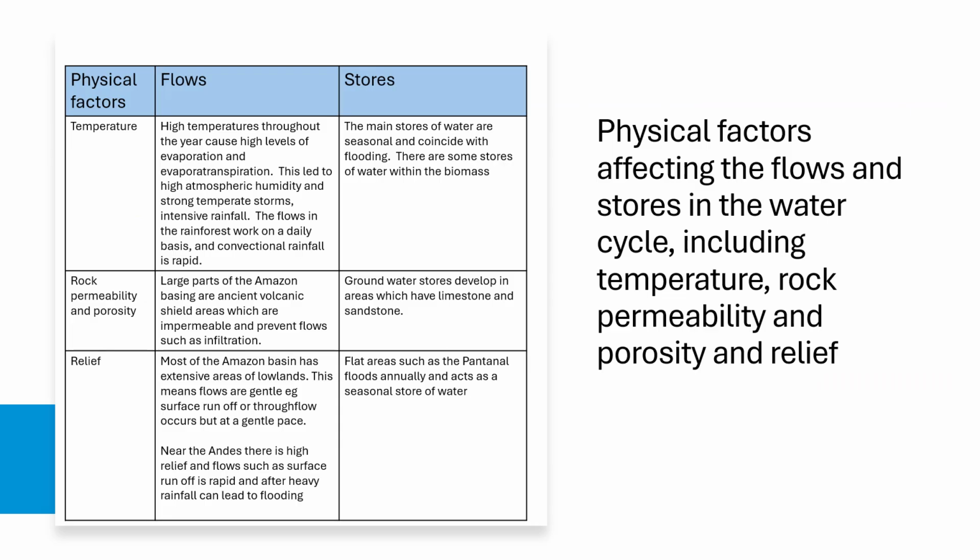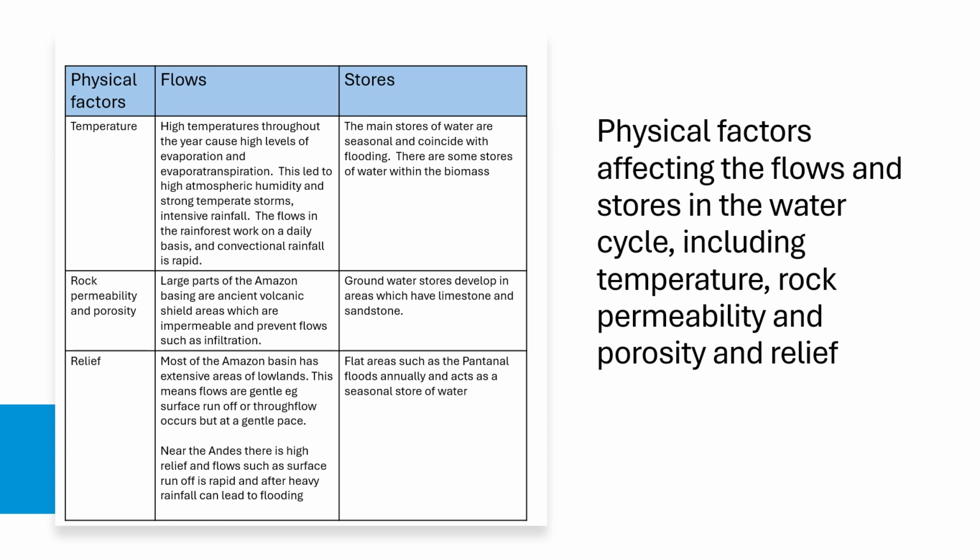So what are the physical factors that are affecting the water cycle? Well, we've got temperature, we've got geology, so the rock permeability or porosity, and relief. And we have a summary here. If we're thinking about temperature, the warmer the temperature is, the more evaporation or transpiration will take place. Also, the more energy there is to create intensive heavy rainfall.